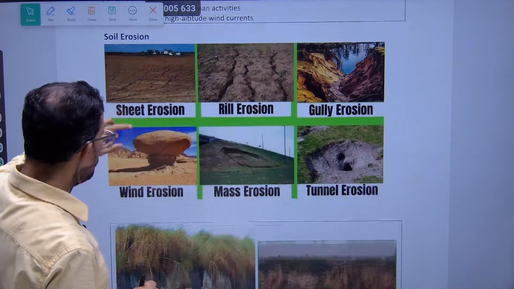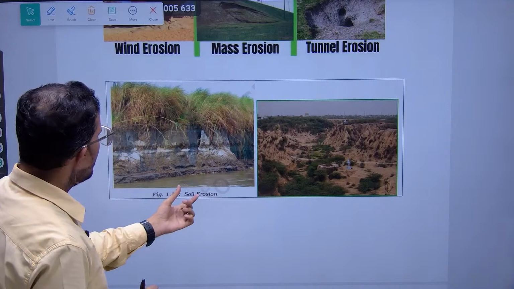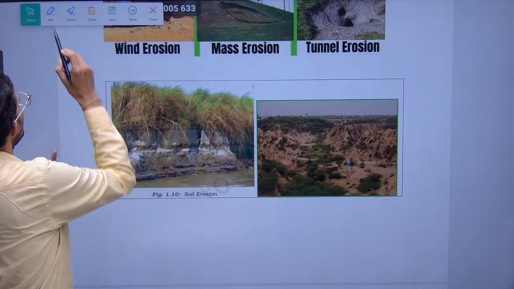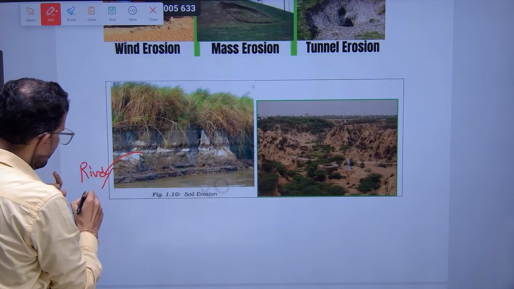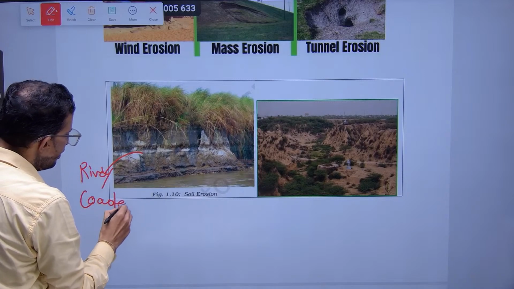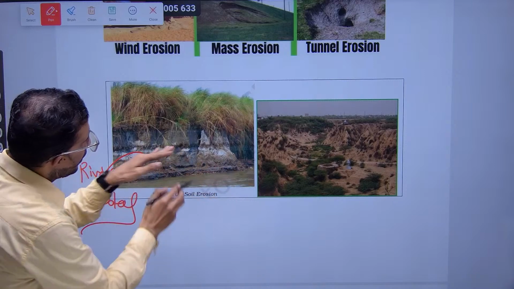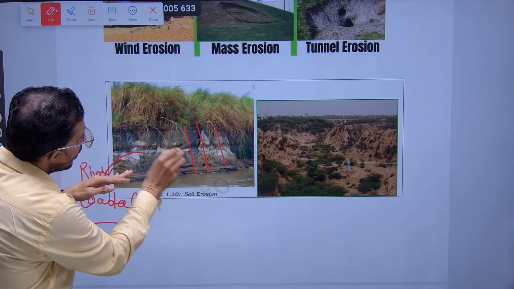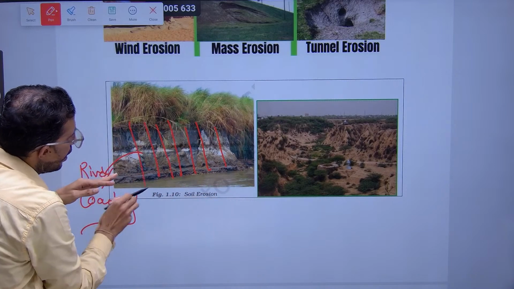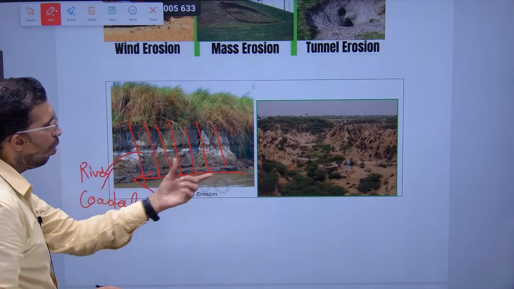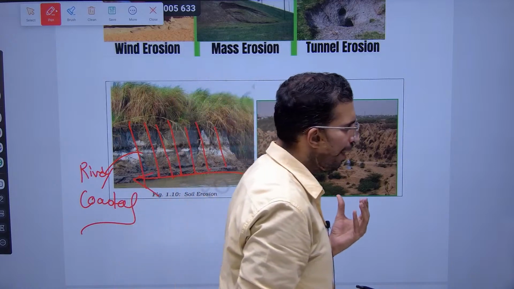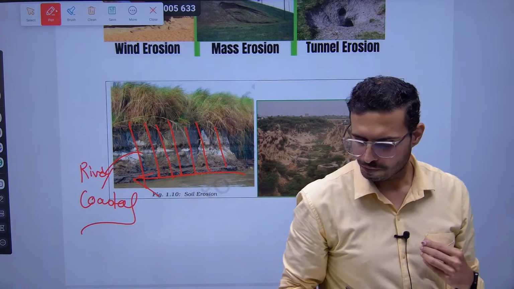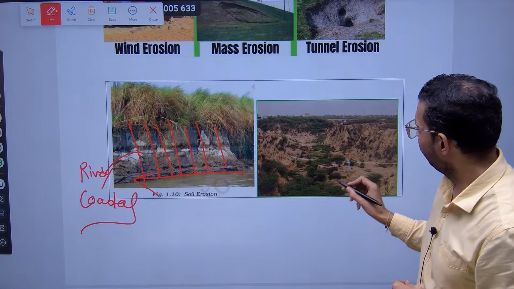Then see soil erosion चे कोणते टॉपिक्स आहेत. If you see, in the rivers or coastal region, the region erodes due to the flow of the river, streams and any moving water activity.